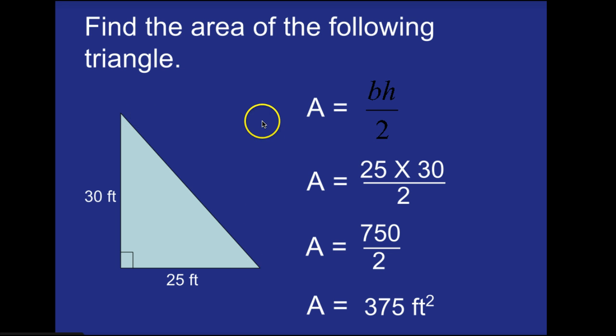We're trying to find the area of a triangle. So when we do base times height and we divide it by 2, that's getting us back down to this figure and not this invisible part right here. So it'll be 750 divided by 2, and that'll be 375 feet squared. And again, you have to put the square feet because it's square units covering this triangle.